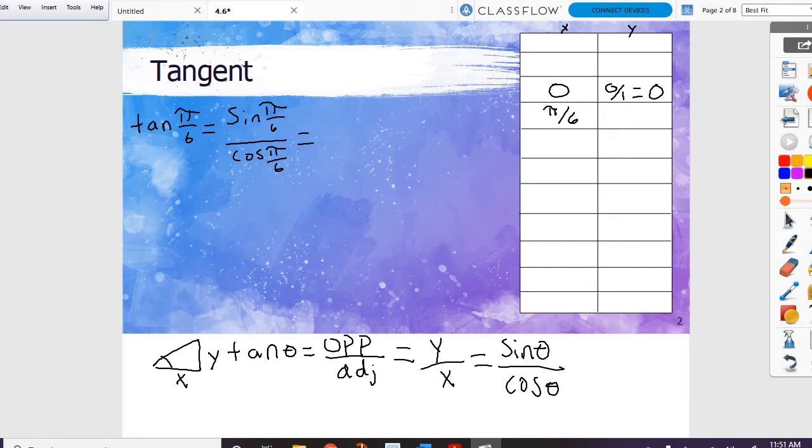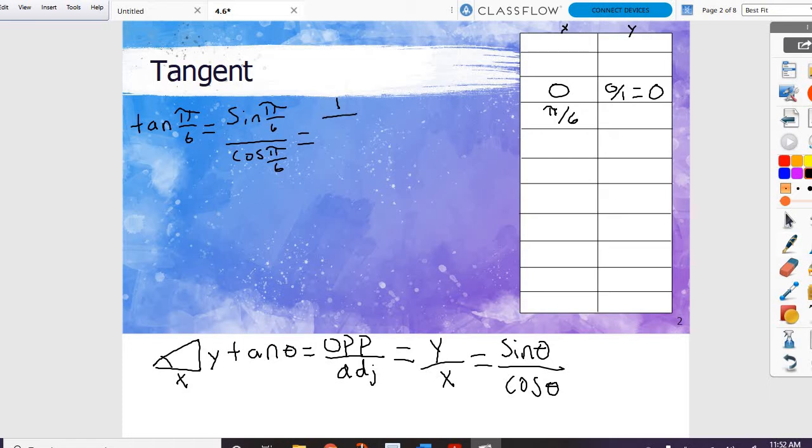So what is sine of pi over 6? It's equivalent to 30 degrees, right? It's my y value. So what is my y value? 1 half, right? Yes? Okay.